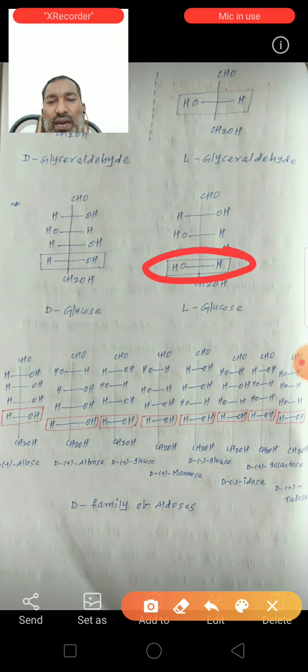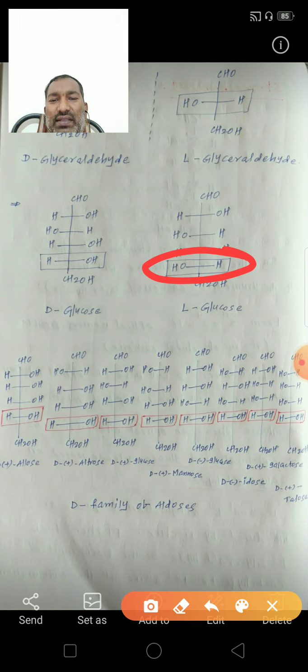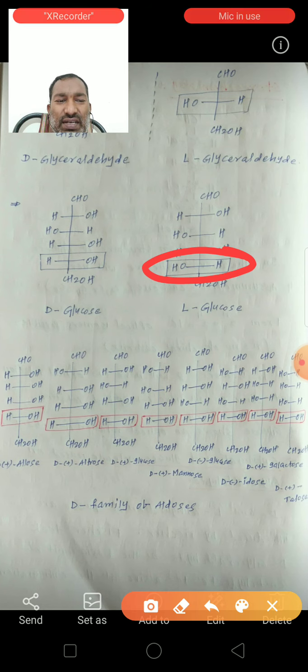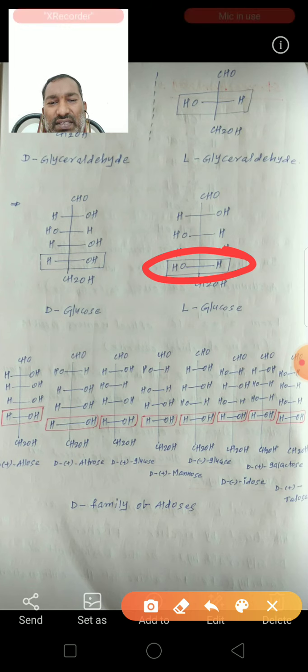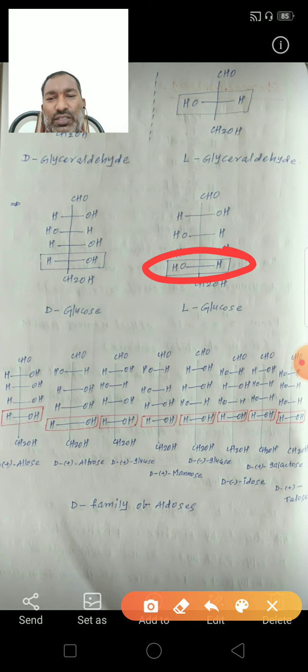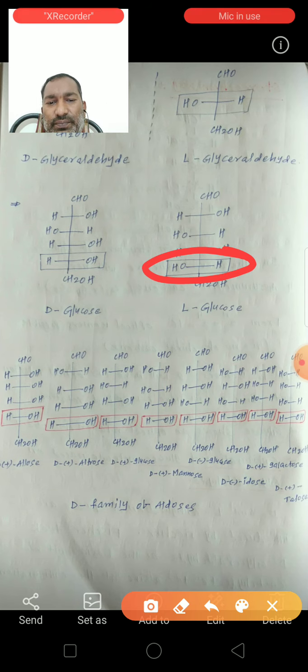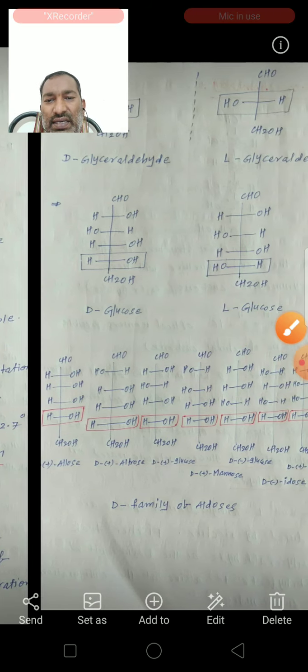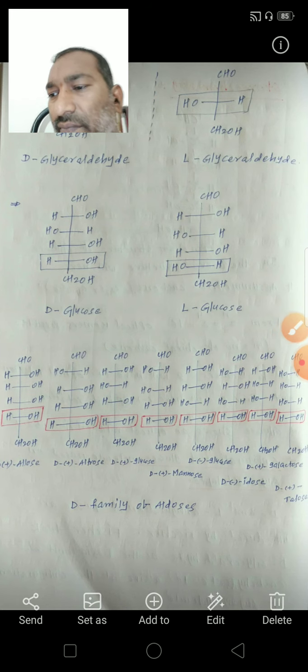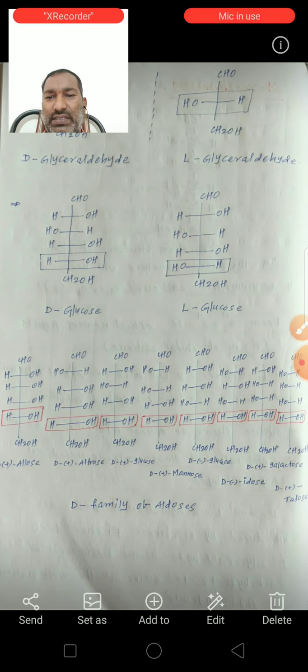So next, the D family of aldoses. These are the D configuration. D means dextrorotatory or clockwise direction of the optical isomers of glucose. See here, the first one is D plus allose.